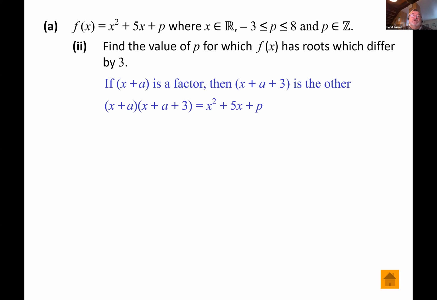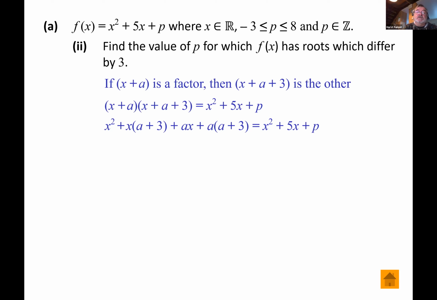Multiply that out, and that means we've got x times x is x², x times (a + 3) is x(a + 3), a times x is ax, a times (a + 3) is a(a + 3). All right, or you could multiply the whole thing out if you want, a by x and then a by 3 as well.